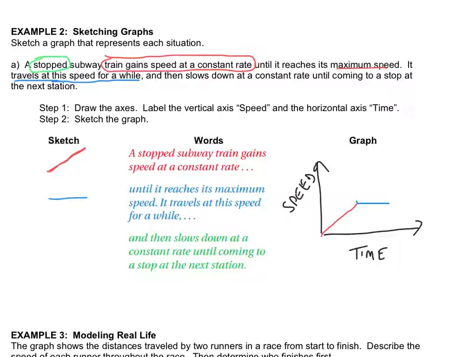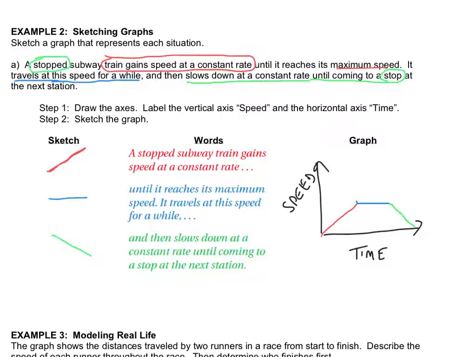And then it slows down, so it's going to go down at a constant rate until coming to a stop at the next station. Again, constant rate means straight line, and this time it's coming down.